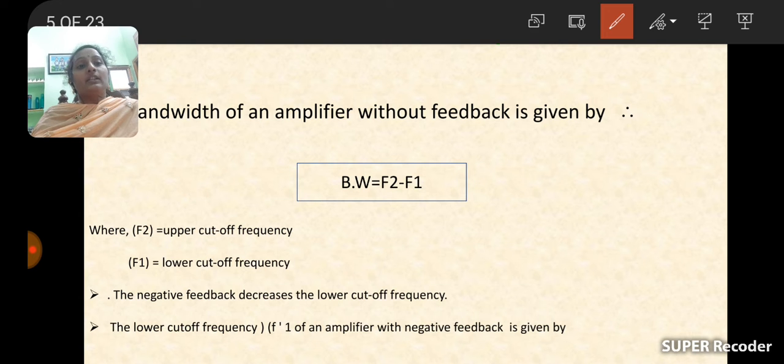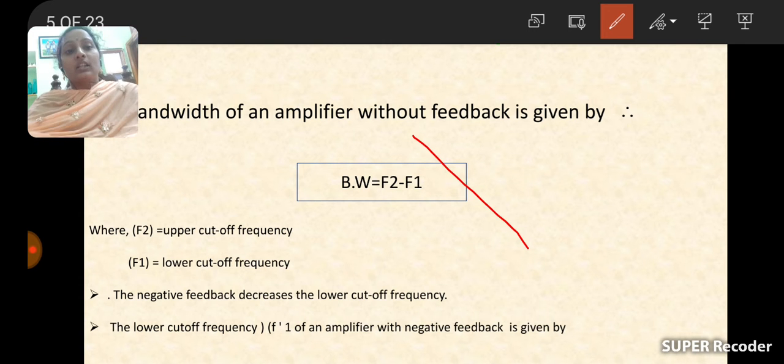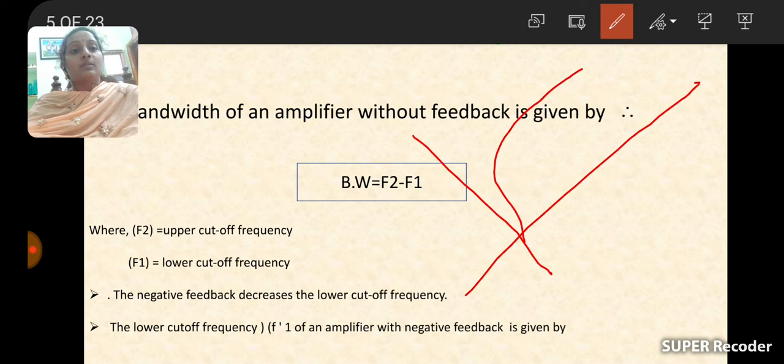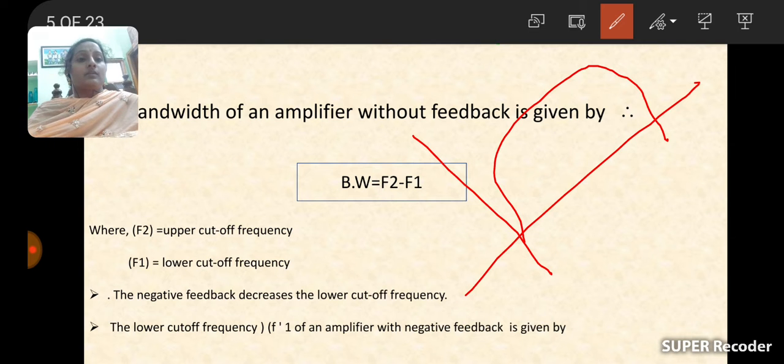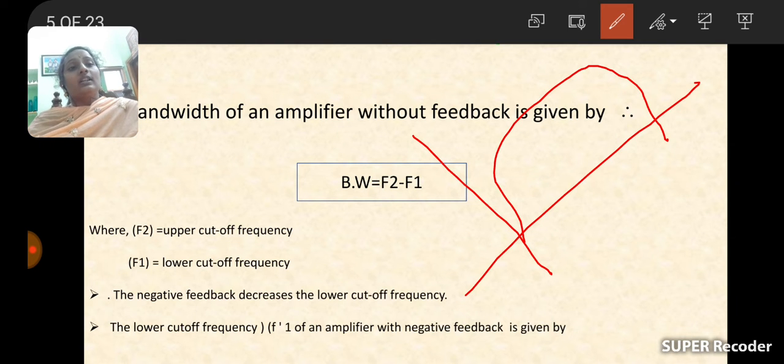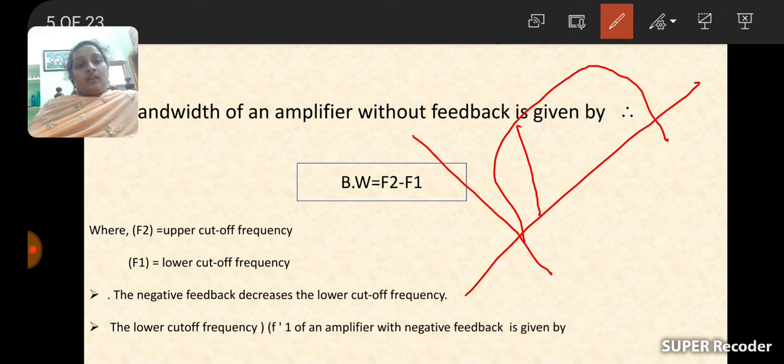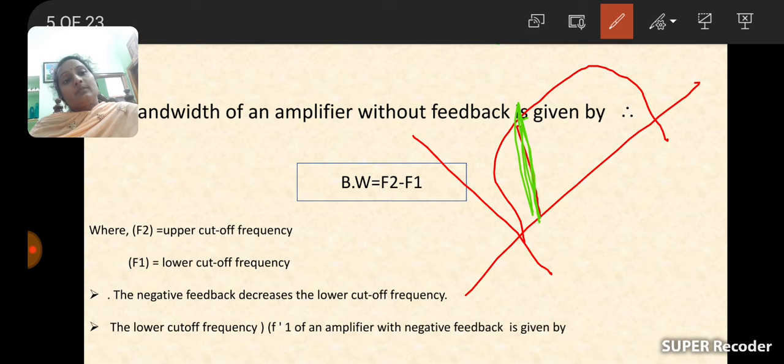If the upper cutoff frequency or lower cutoff frequency is varied, then the bandwidth changes. What is the reason for changing them?